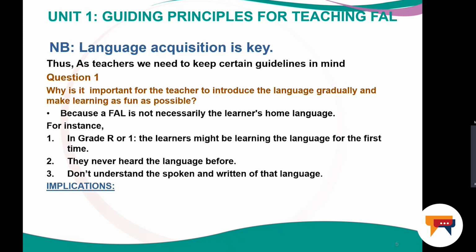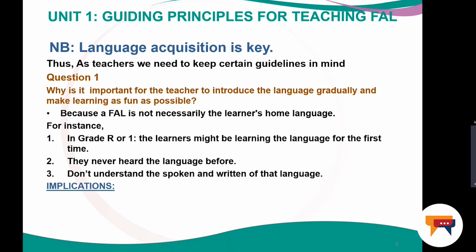One of the guiding principles says you must teach language gradually, because FAL is not necessarily the learner's home language. And this is what I've just said. For instance, in grade R or 1, the learners might be learning a language for the first time. They never had the language before, hence that is important. Do not stress.